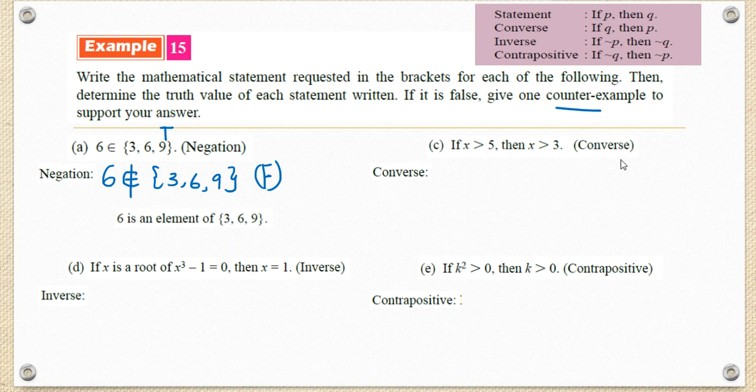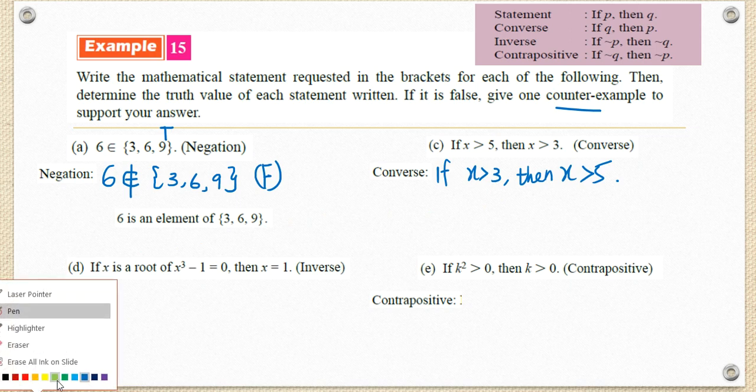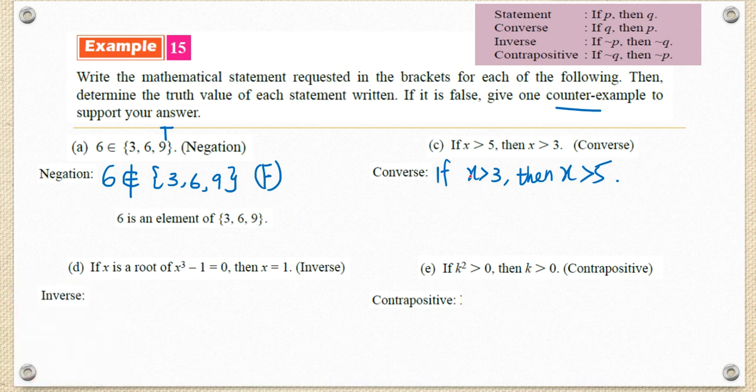Okay, now they ask you to write the converse of this. When you want to write converse, it means the one at the back will become the front. If x is more than 3, then x is more than 5. Is this a true statement? So we look again. If x is more than 3, it means your x can be 4 or 5 or 6 and so on.